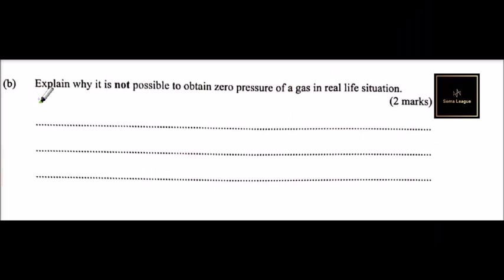Part B, explain why it is not possible to obtain zero pressure of a gas in real life situation, for 2 marks. So the reason why we cannot do that is that by the time the pressure is approaching 0, the temperature will be very low, and therefore most of the gas will have liquefied.